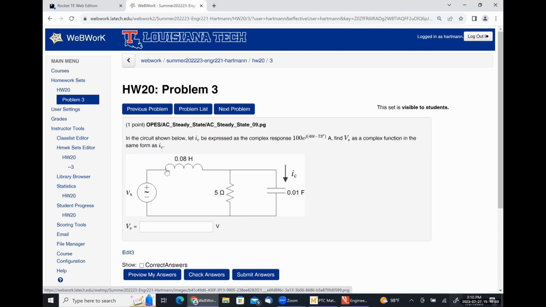And then the inductor current times the inductor impedance, plus the voltage drop across the capacitor, is equal to Vs. So this one is just literally trying to trip you up by using this particular form. Treat this as if it were 100 cosine 40t minus 73 degrees and do the normal circuit analysis techniques that you would.